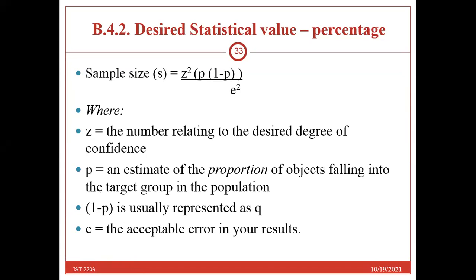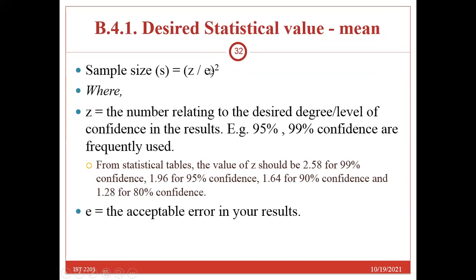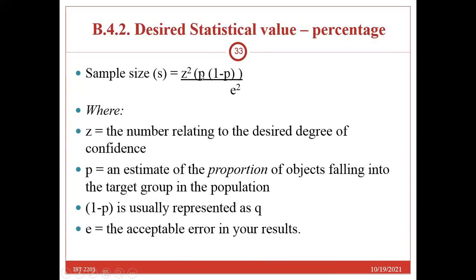So of the population, what proportion of objects fall into what you want? And then we have 1 minus P, which is usually represented as Q. It is just one take away that same P. So altogether you have your equation. If you compare with the previous equation, what you're adding here is this P and 1 minus P factor.